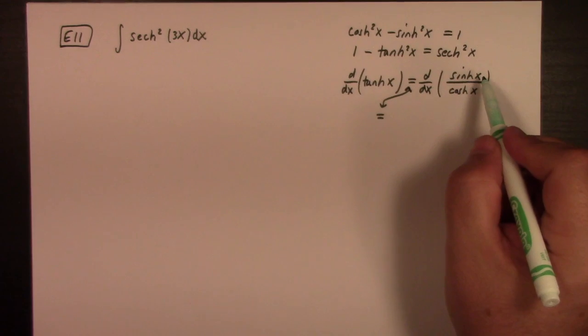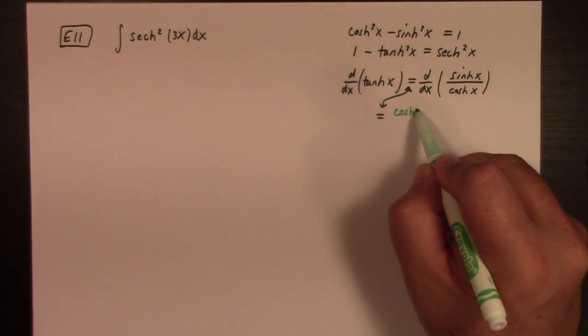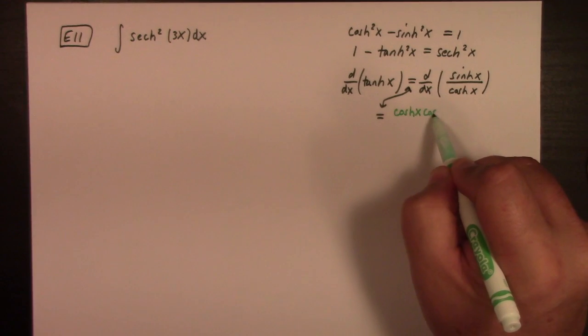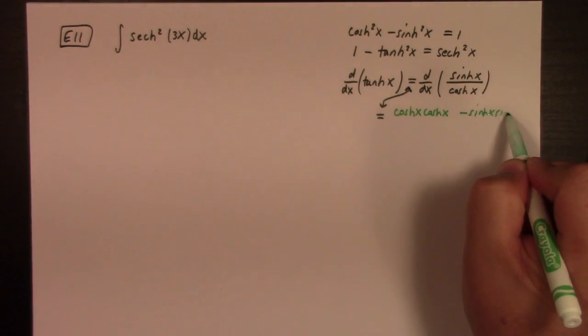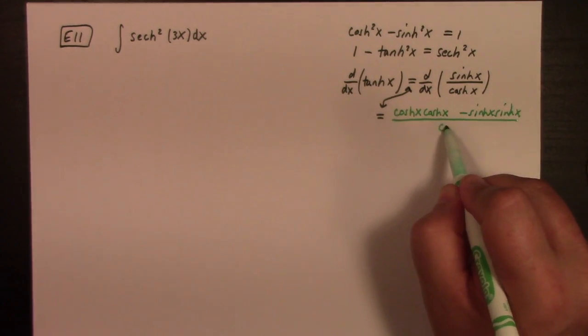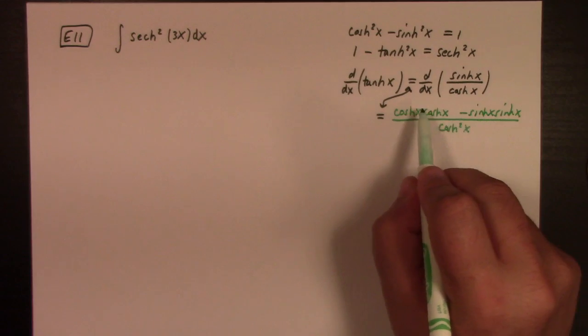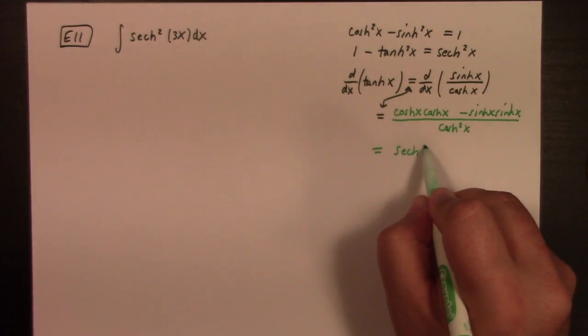Now, that's going to be cosh x times cosh x minus sinh x times sinh x by the quotient rule, divided by cosh squared. But that's cosh squared minus sinh squared, which is 1, so yeah, you got hyperbolic secant squared x.